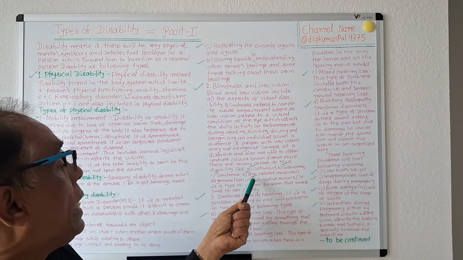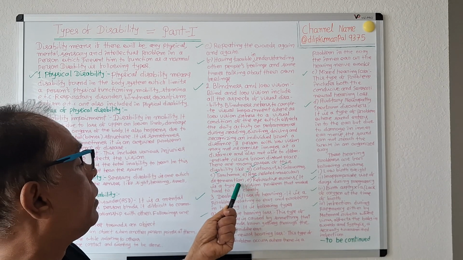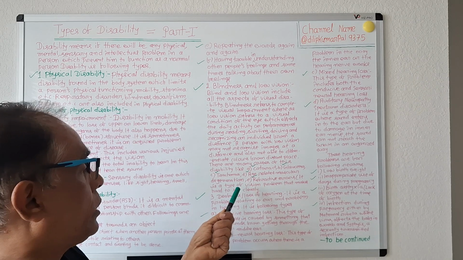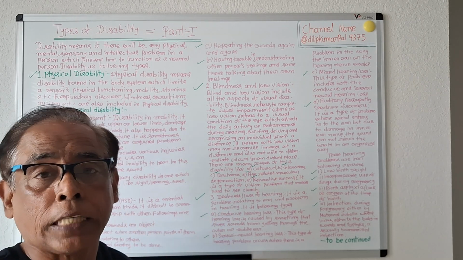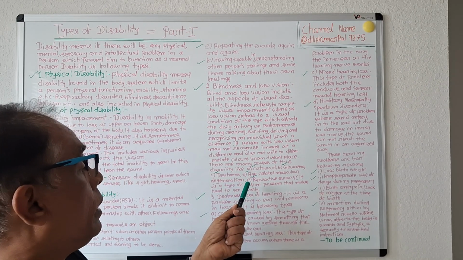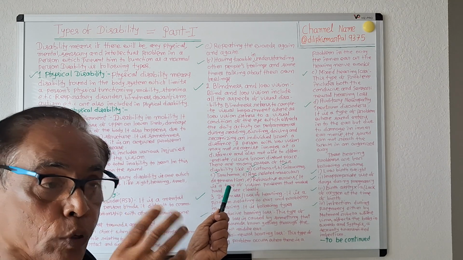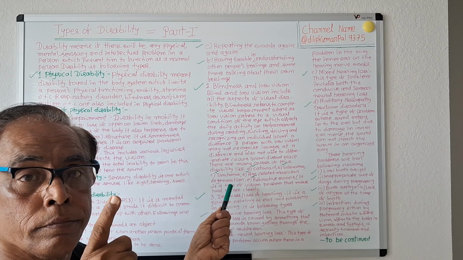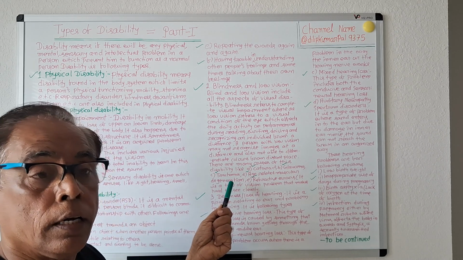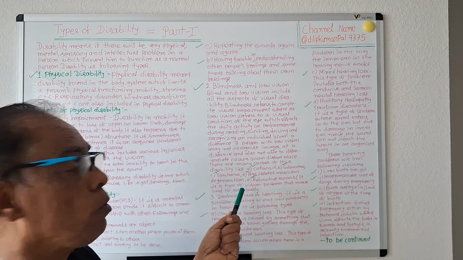Then four, age-related macular degeneration. Due to aging, this type of problem will come, due to weakness in muscles. In the later age of life, this problem will come.